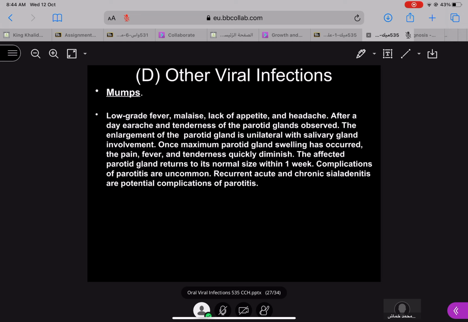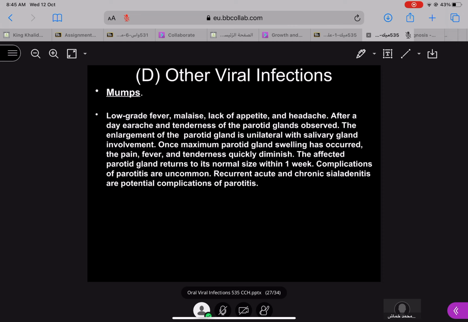It's the infection of the parotid gland and it causes parotitis. This type of virus causes an enlargement in the parotid gland. This is quite often in your clinic. You will definitely see some of this manifestation.